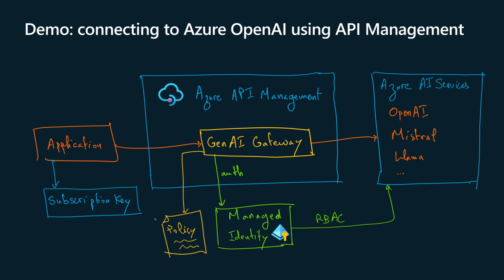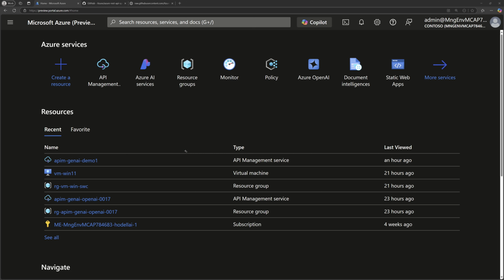Then we'll use a policy that will get an access token from the managed identity and pass it to the forwarded request to the AI services in order to authenticate API Management to use the AI services. And from the application, in order to authenticate to API Management, we'll use an Azure API Management subscription key in order to get access to the correct API. Let's see how this works from the Azure portal.